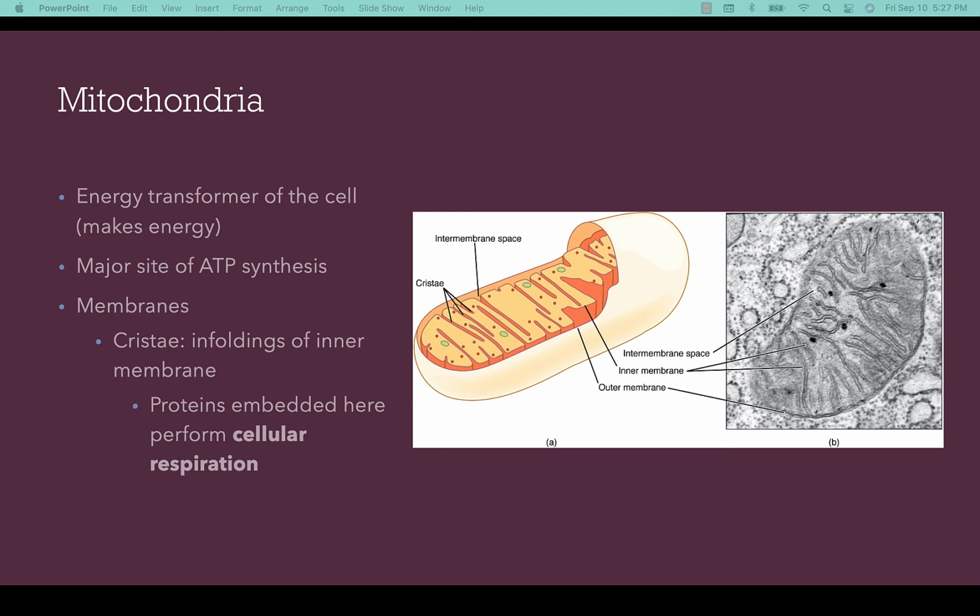And so there are membranes in the mitochondria called cristae, and these are like little infoldings of the inner membranes. The proteins that are embedded in here help perform cellular respiration, which converts energy stored in nutrient molecules such as glucose into adenosine triphosphate, the ATP that we discussed in the chemistry lecture. And this provides usable cellular energy to the cell.